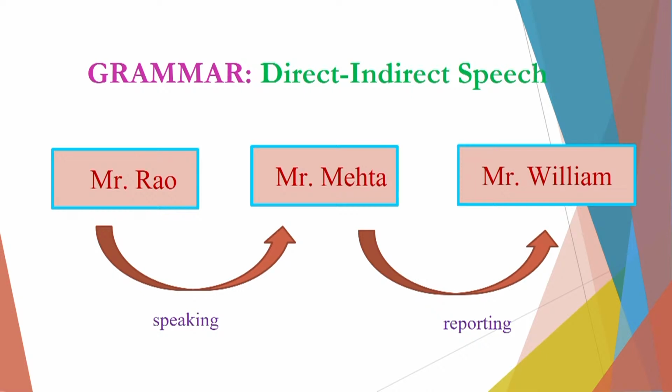Now Mr. Mehta has to say whatever Mr. Rao has said to someone else, that is Mr. William. Now we will say that Mr. Mehta is reporting to Mr. William, right? So Mr. Rao is speaking something to Mr. Mehta, and Mr. Mehta is reporting whatever Mr. Rao has said to Mr. William. That's the basic concept of direct indirect speech.